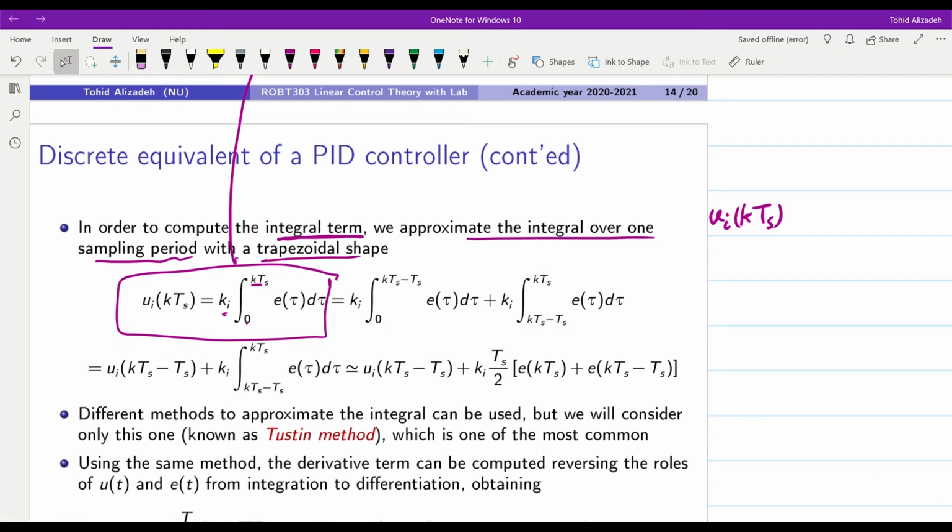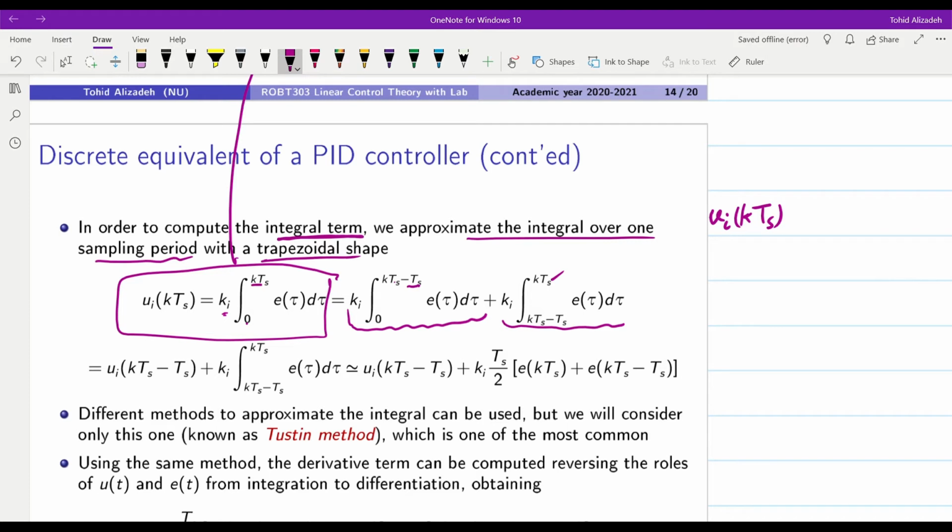Now we can divide the integral action into two parts. The first part is Ki times the integral from 0 till k Ts minus Ts, and we add the second part, which is Ki times the integral from k Ts minus Ts up to k Ts.